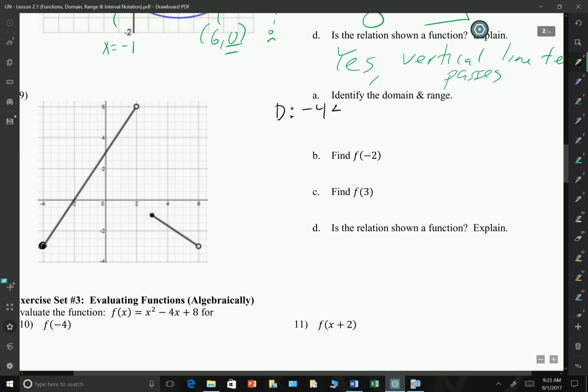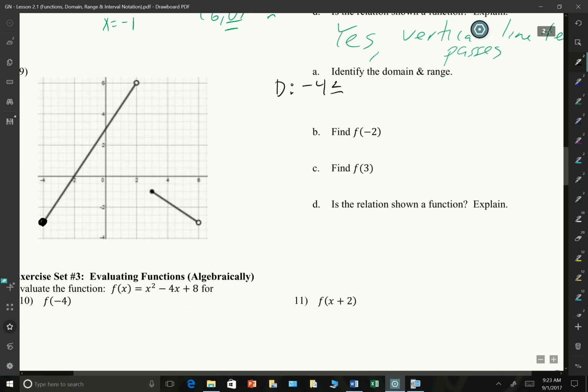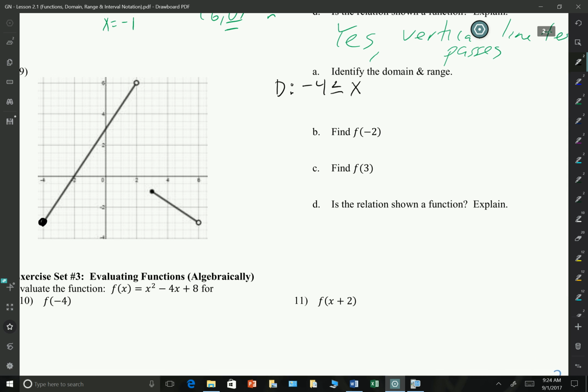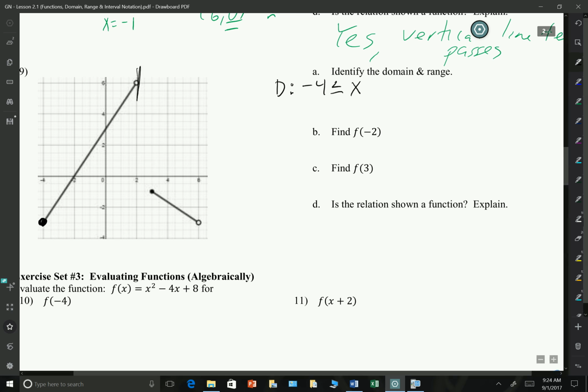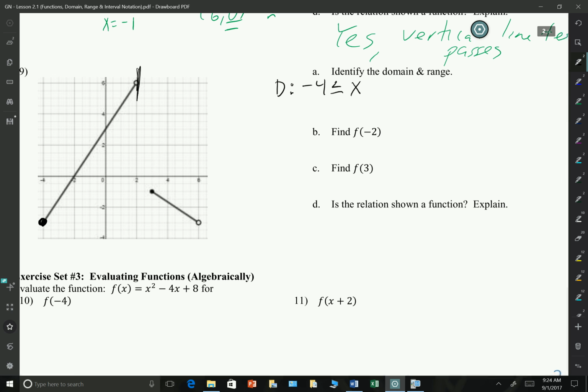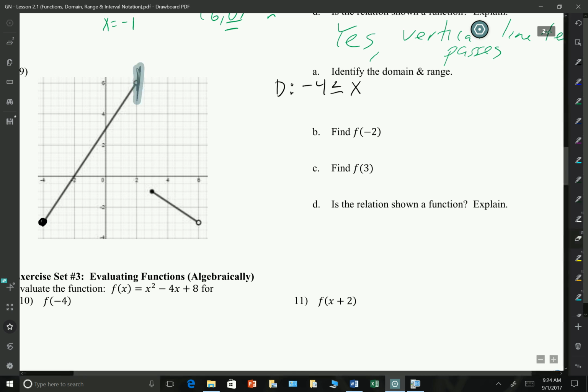And notice it's what type of dot? Well, the first -4 is solid, isn't it? X. As it goes to the right, notice what happens here. It opens, right? And what X value? Was it 2? So less than 2. Now here's what's interesting.